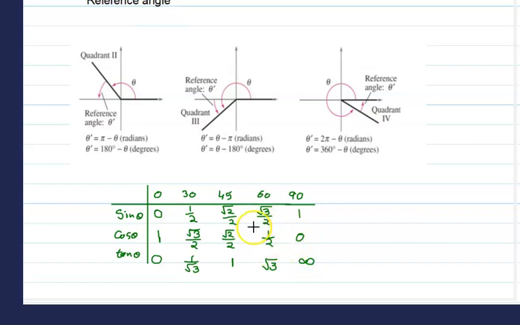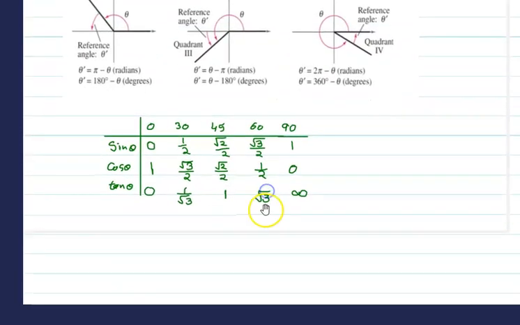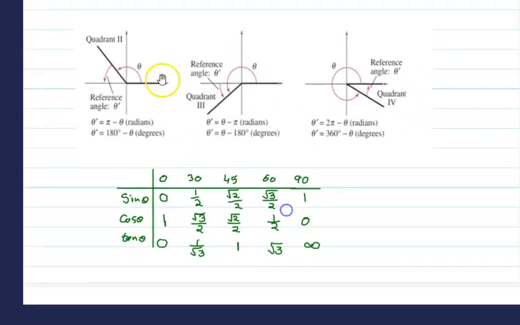So you can see how easy it is to make the table of values. Now let us understand the concept of reference angle. What is a reference angle? Reference angle is the acute angle which lies between the terminal side and the horizontal axis, or the x-axis.